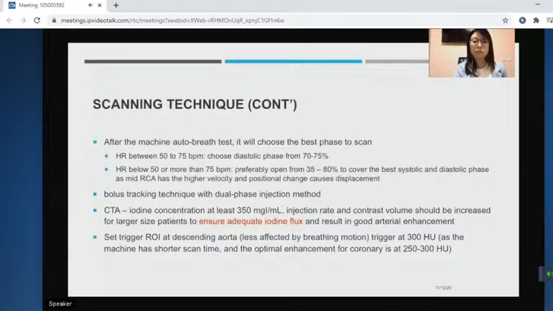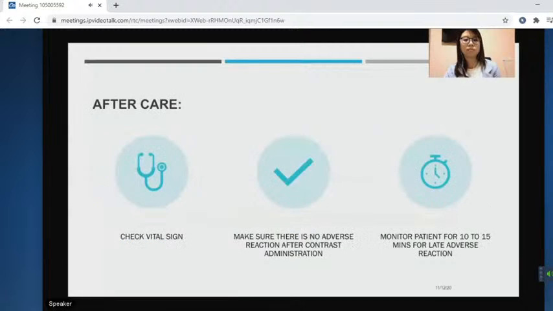If the patient is bigger, then you can give a higher injection rate and more contrast volume. We set our ROI at the descending aorta because the breathing movement is low, and trigger at 300 HU, because the optimal enhancement for the coronaries is about 250 to 300 HU.